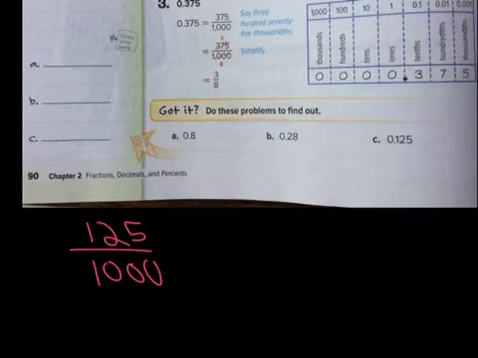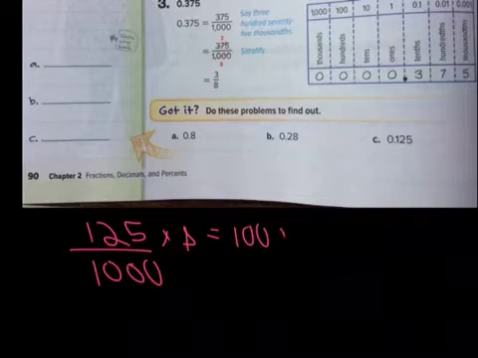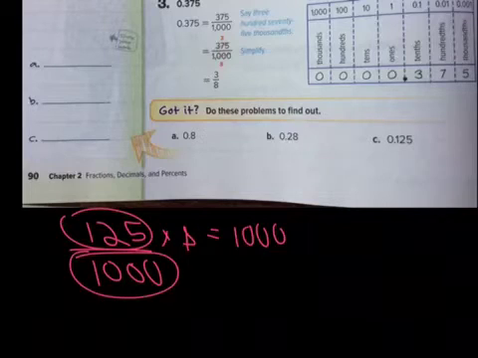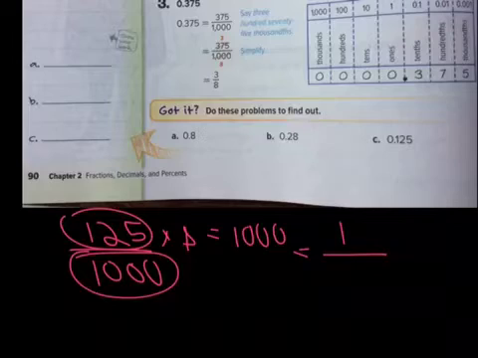How many 125s are there in 1,000? Well, if I were to multiply it by 8, just to figure it out, I know that I would get 1,000. So clearly here I have 1, while here I have 8. So I have 1 125, and at the bottom I have 8 125s. So our answer there is 1/8. And there we go.